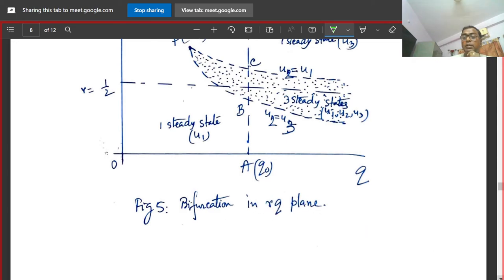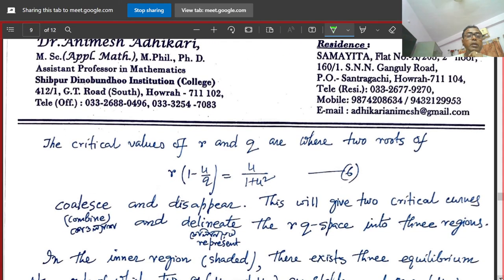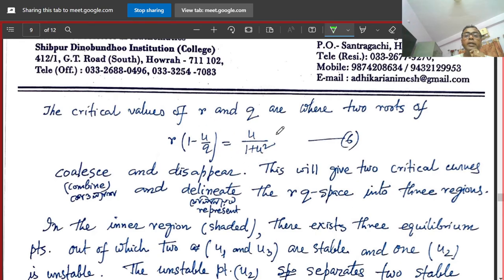R and Q are the non-dimensionalized parameters here. The critical values of R and Q are where two roots of equation 6 coalesce, that is, combine and disappear.